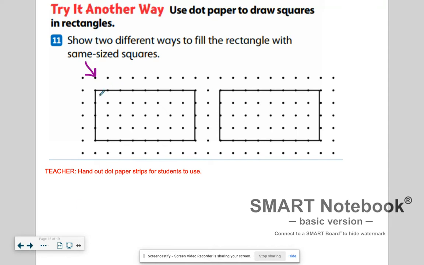You can split these up any way you want as long as the squares on the inside are equal. So let me say that again. You can partition, remember that word from yesterday, or split up these rectangles to show same size squares as long as the squares on the inside are equal size.